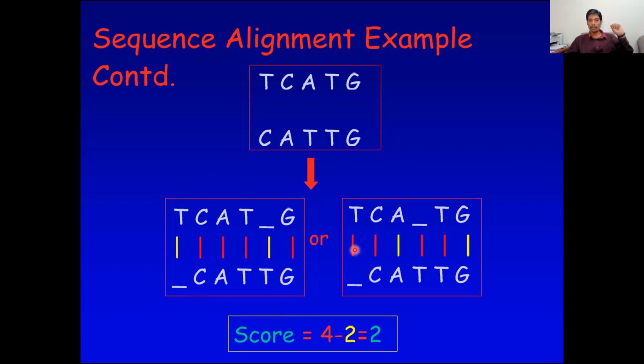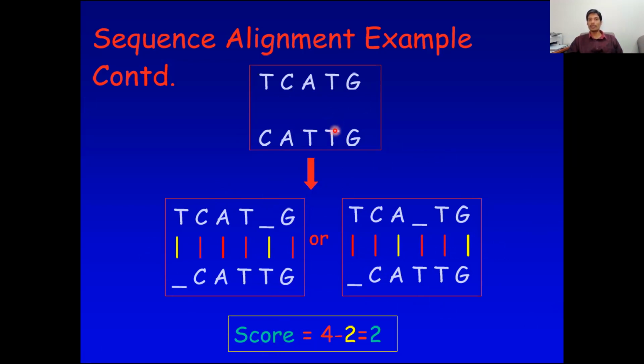And here also, I think the colors were not properly put here. Here also 4 matches and 2 indels. So 4 minus 2, that is also 2. So both have the same weightage score-wise.